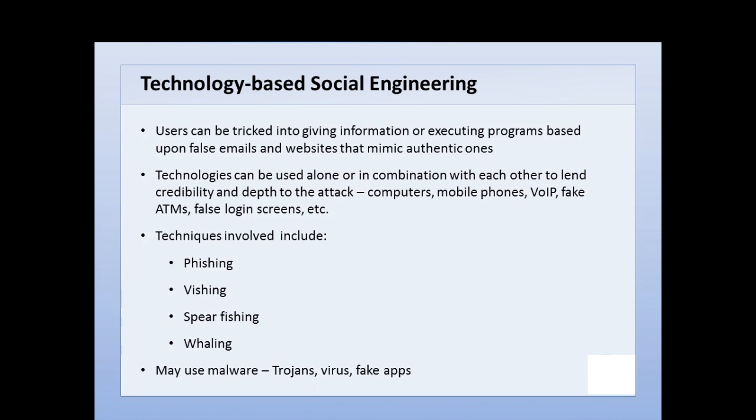They might use computers, mobile phones, voice over IP. There have even been cases of thieves using fake ATMs where people would come up to the ATM, put in their ATM PIN and card, and then the ATM doesn't give the card back and says it's out of money and it's broken and gives the user a false phone number to call. And then the thieves later come and open up the ATM and get the PIN and the card.